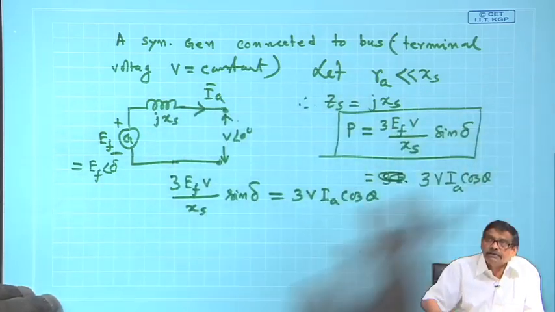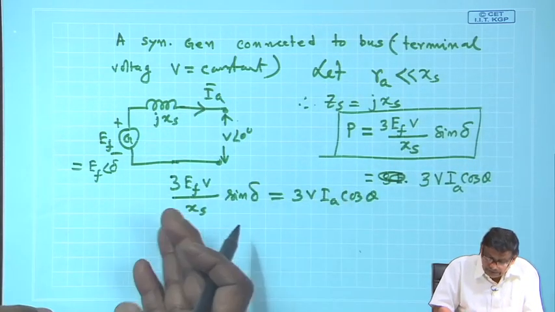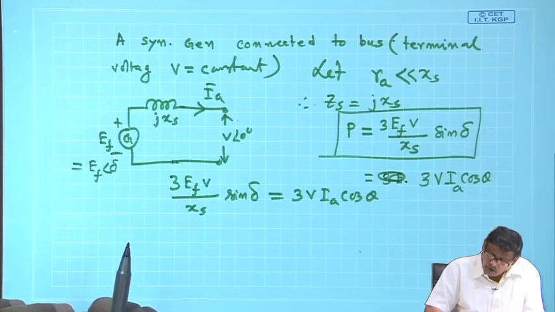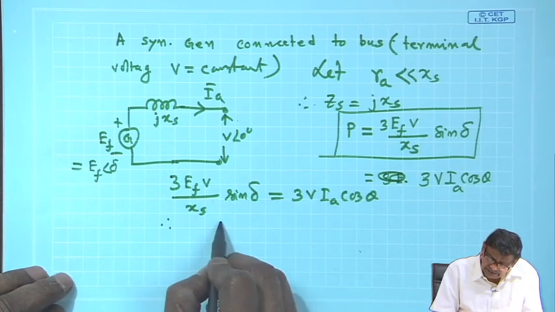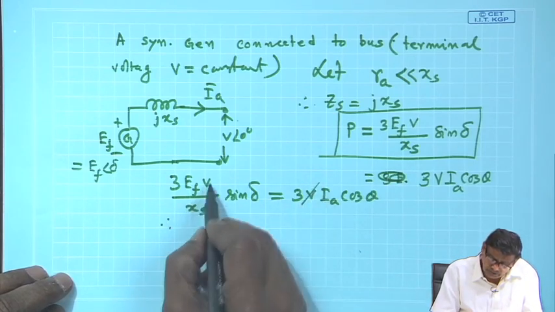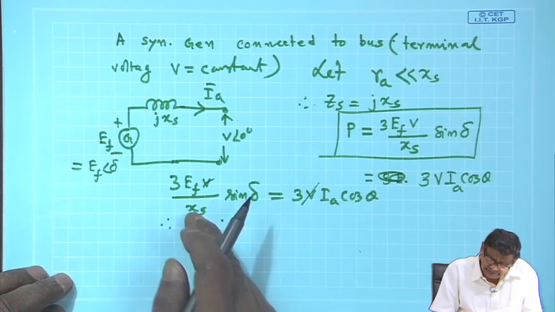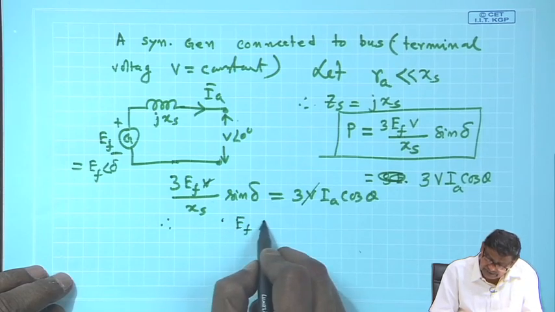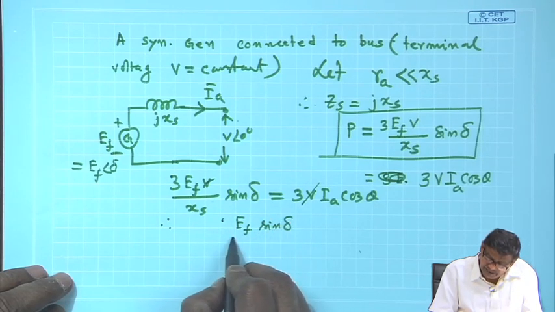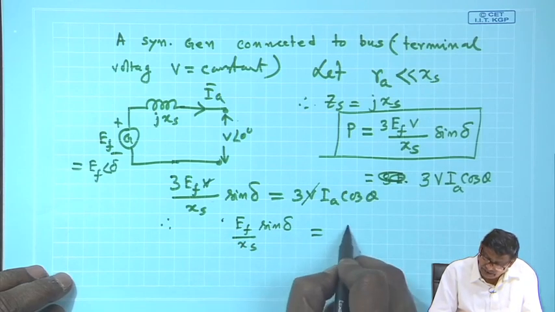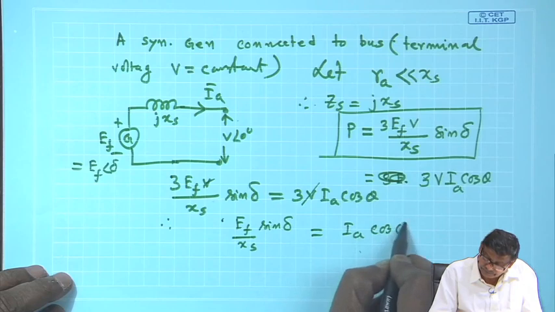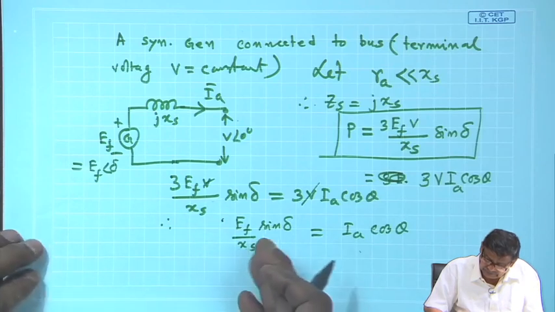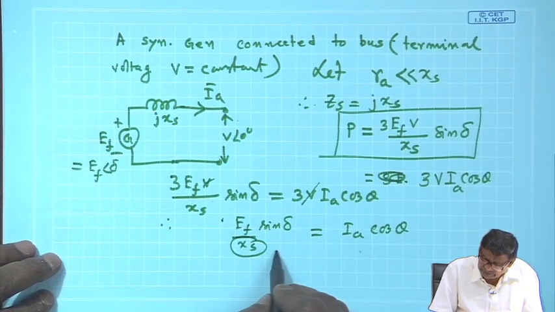I could also calculate the real power output, and that must be the same as this. Why not? They are the same quantities connected. Note that V cancels from both sides and X_S is constant. So, it will be E_F sin delta by X_S is equal to I_A cos theta. X_S is constant.